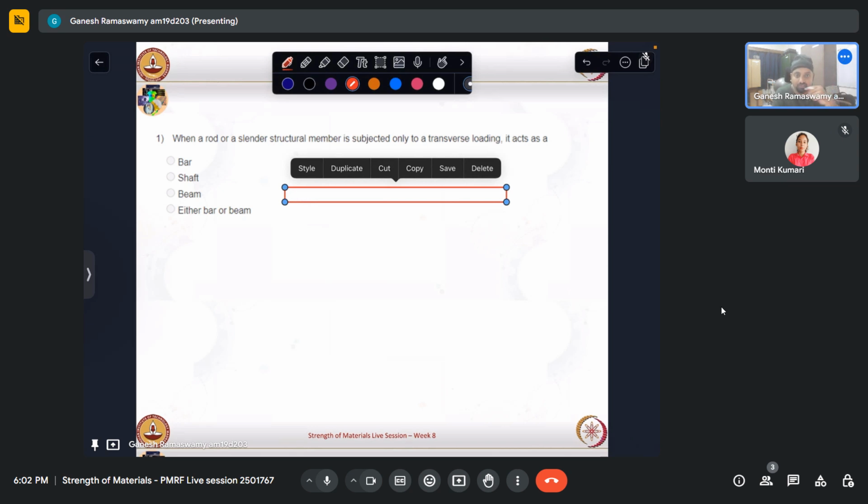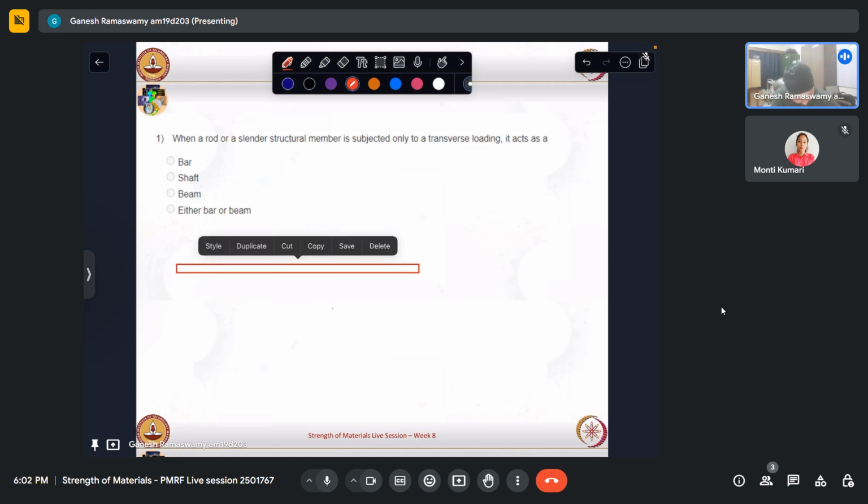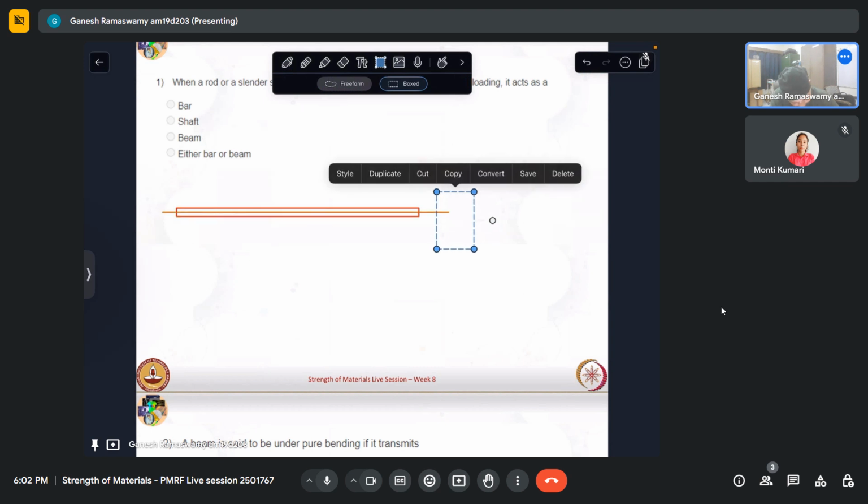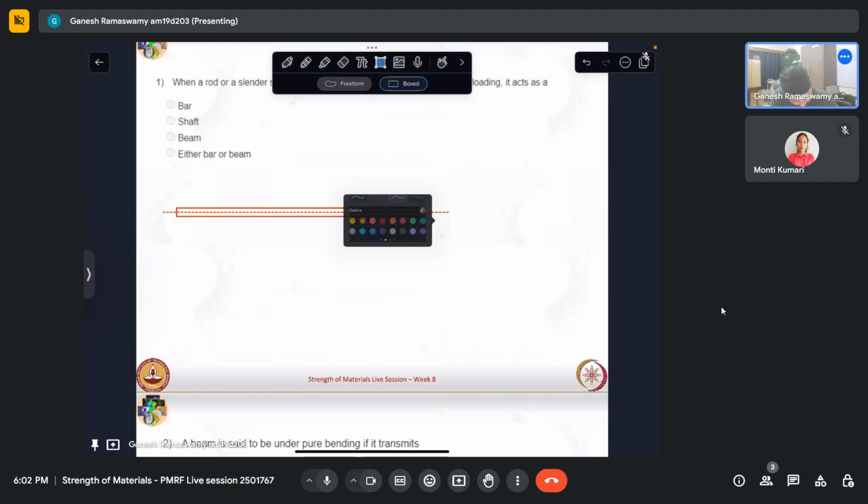If you are looking at 3 dimensions, one of the dimensions far exceeds the other, which makes it a very slender member. This is the axis of that member.